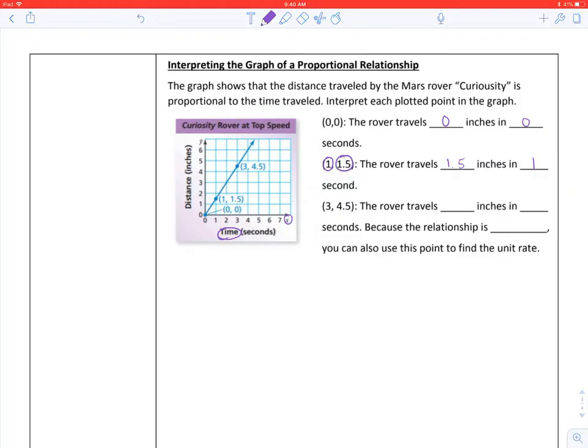Whereas the second value is the y value, which is our distance. And so when it says the rover travels blank inches, we have to refer to the y-axis, which is our distance, and say that it travels 1.5 inches. And then lastly, the 3, 4.5: the rover travels 4.5 inches in 3 seconds because the relationship is proportional.